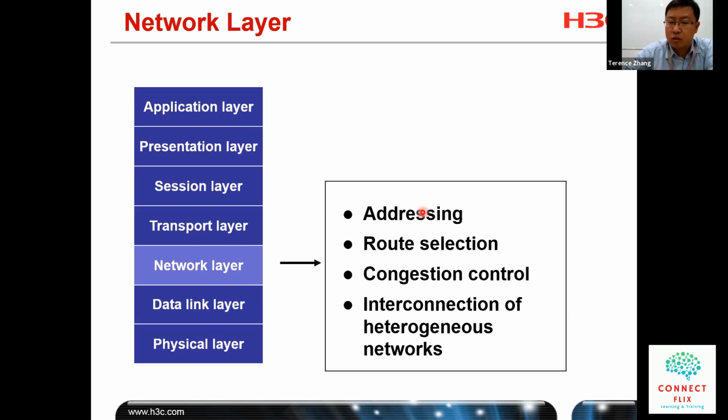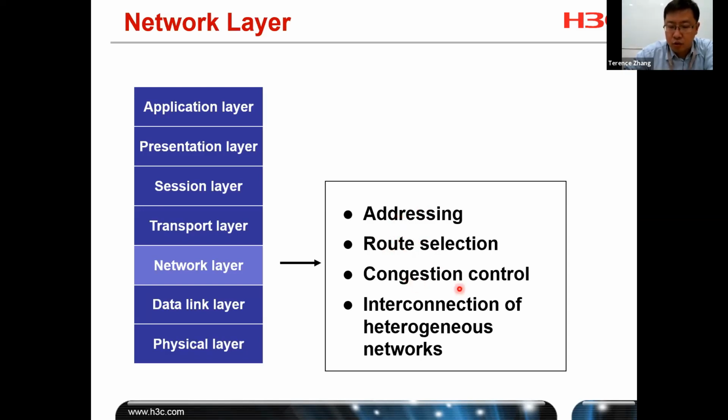So the first important job for network layer is to do a similar thing, to assign an address to every node which joins this network in order to find this node, this host or device. So the second job is to find that path. So these are the two important functions for network layer.